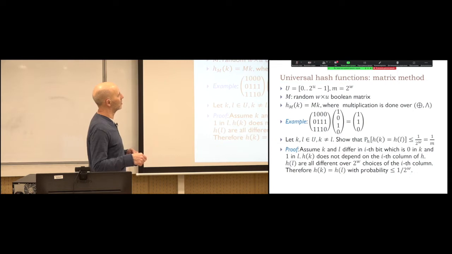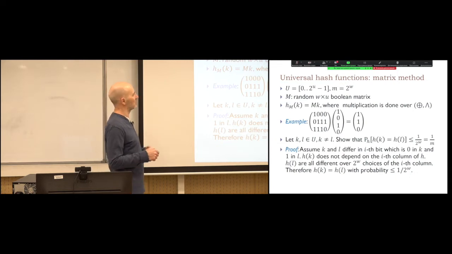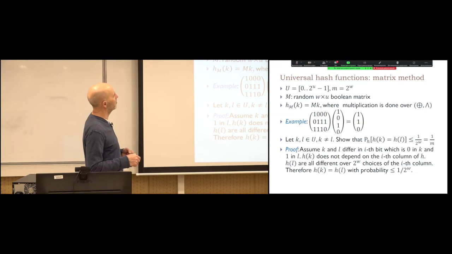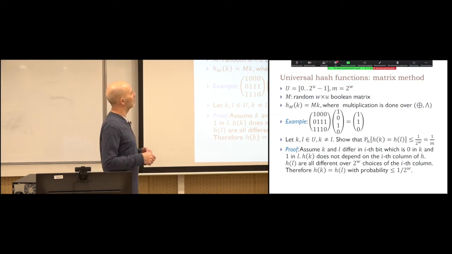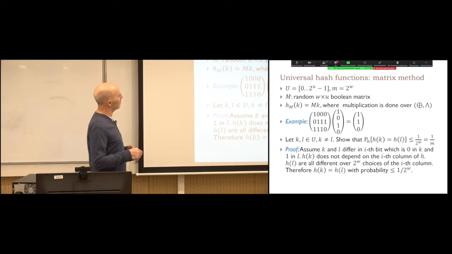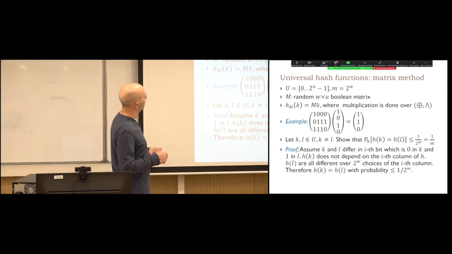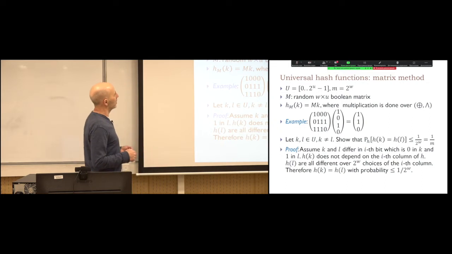So the hash values are w-bit numbers. So the hash table maps a u-bit number to a w-bit number. So w, of course, is smaller than u. So we will parameterize: our hash function will be basically a random w by u Boolean matrix, a 0-1 matrix. And this will be our hash function.